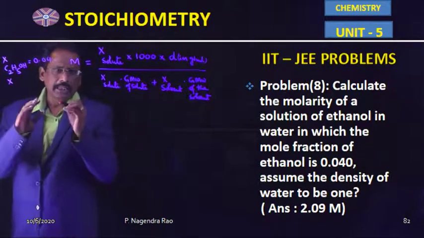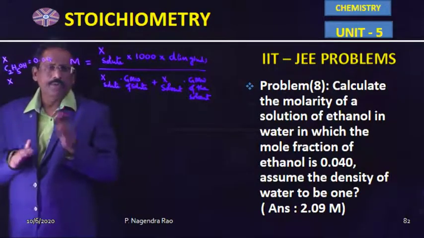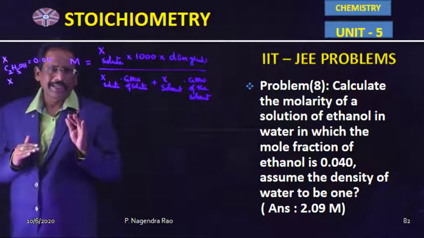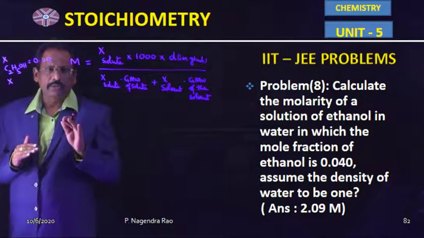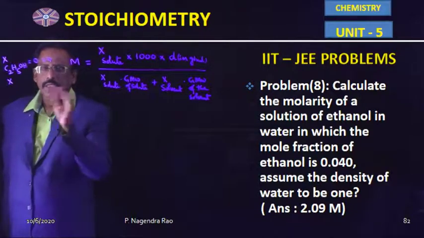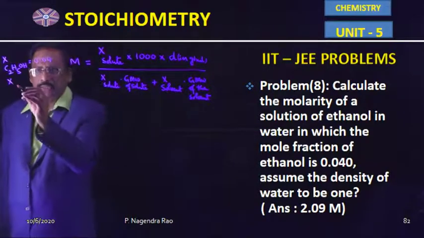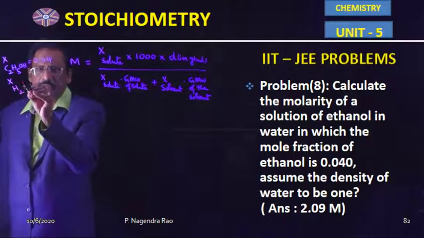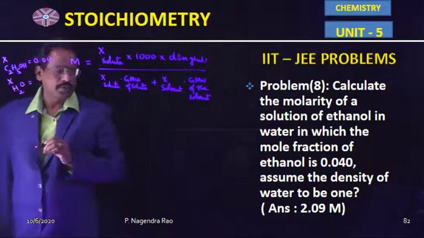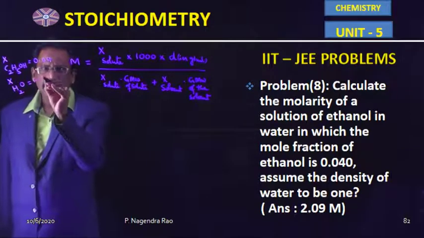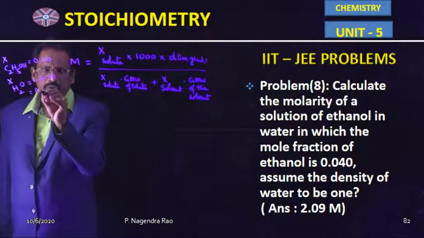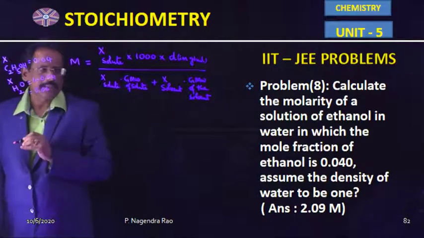Ethyl alcohol is soluble in water due to the formation of intermolecular hydrogen bond. So here the solvent is water. So from this, the mole fraction of the solvent water is equal to 1 minus 0.04, that is equal to 0.06.